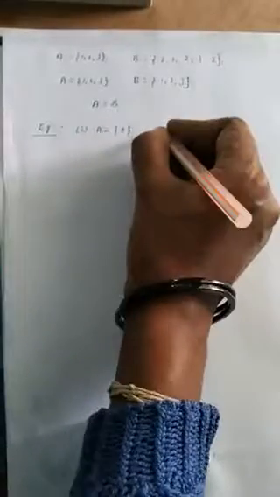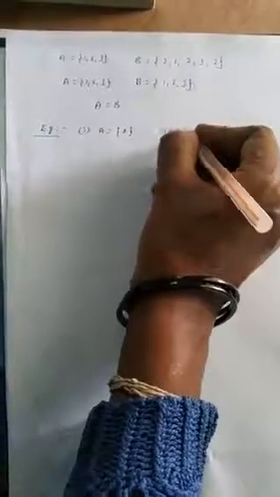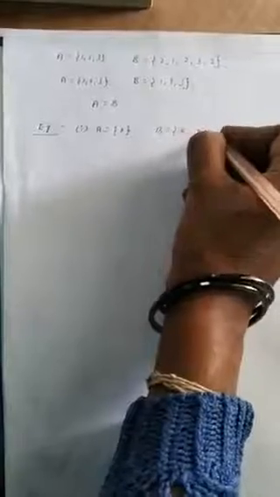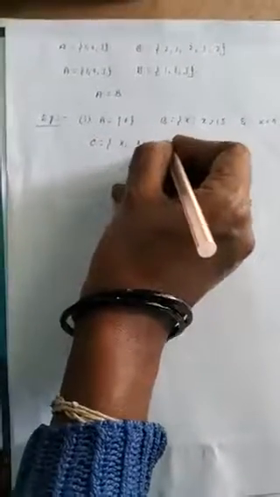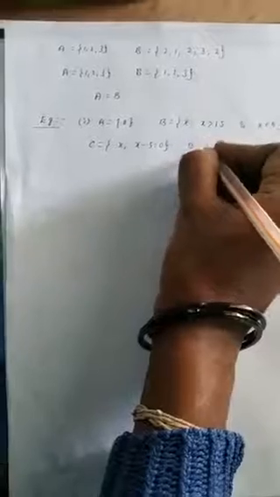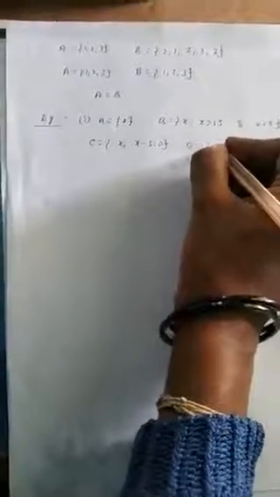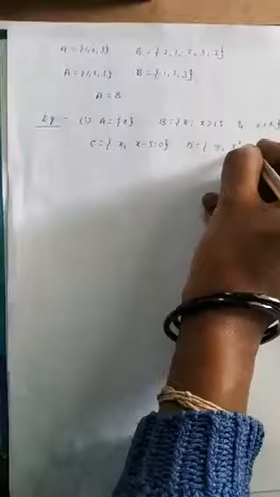A is 0. B is the set of x such that x is greater than 15 and x is less than 5. Next, C is x minus 5 is 0, and D is the set of x such that x squared is equal to 25.